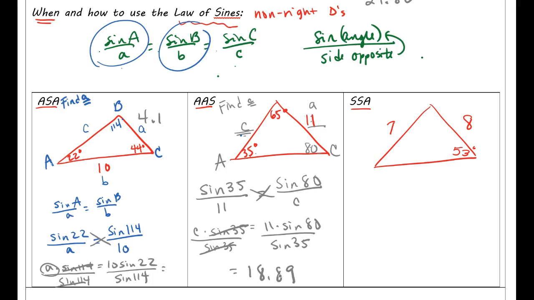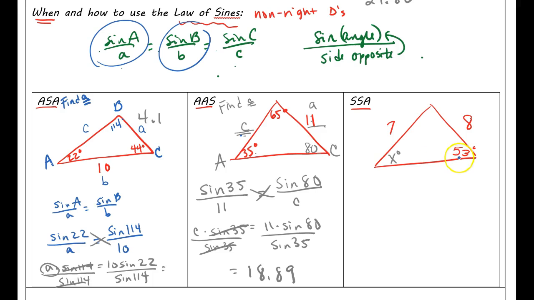Okay, all right, cool. And our last one is, let me put a little X down here. Let's pretend this was the picture given, with 7, 8, and 53, and they want you to find X degrees. They want you to find this little interior angle. If it makes you feel better, go ahead and label your A, B, C and all that, because some people might want to do that for a while until they get used to this.